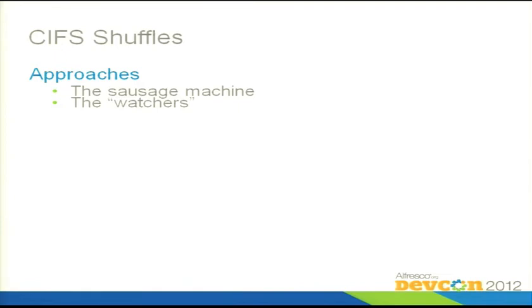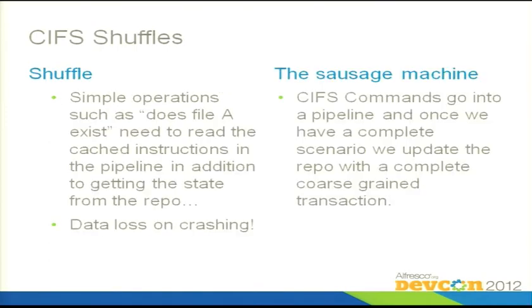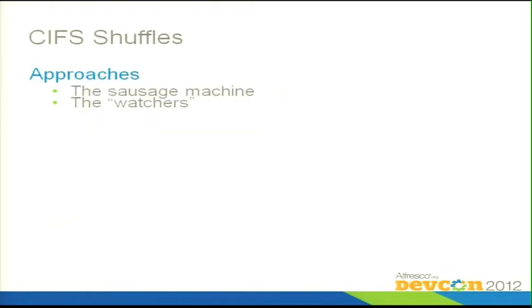Does that make sense? So it would be basically a sausage machine where we throw all the CIFS commands in one end, turn the handle, and get the repo update out of the sausage machine. That was the first thing we had. However, it's worth saying it did work. So step back, there are two approaches.